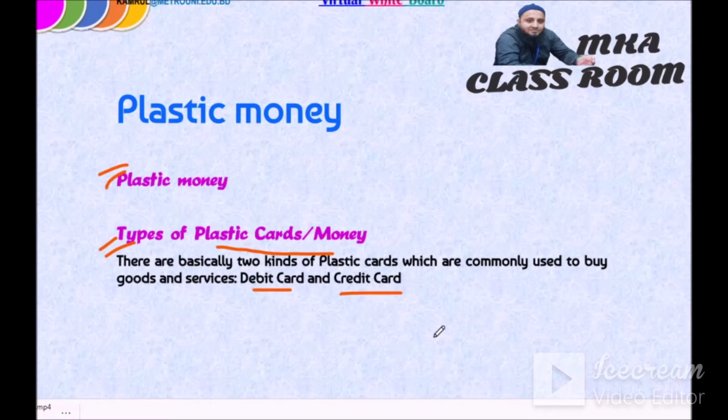There are several cards such as charge card, photo card, global card, co-brand card, Affinity card, Add-on card, Amex card, MasterCard Worldwide, and lastly MasterCard. So these were our types of plastic cards, but they are also in the debit card and credit card categories.